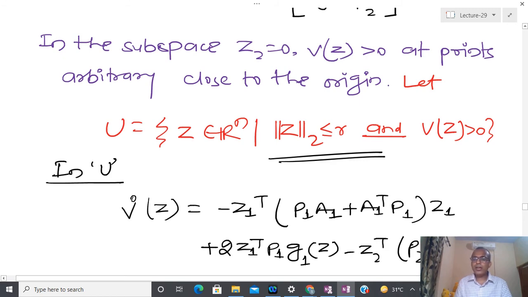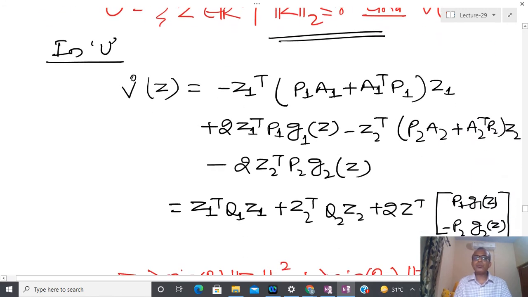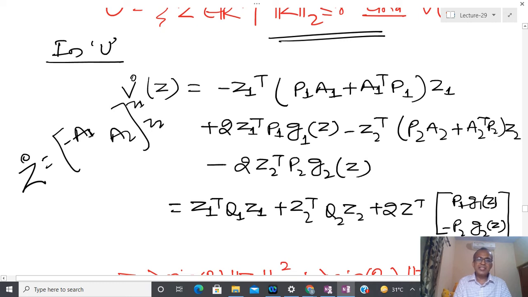So now what I am going to do is calculate V dot, and it is possible to show the same thing, because I have z1 dot equal to minus A1 z1 plus g1(z), and z2 dot equal to A2 z2 plus g2(z).